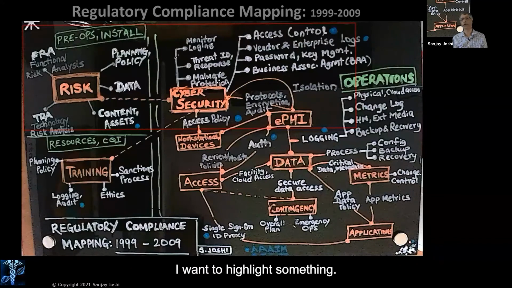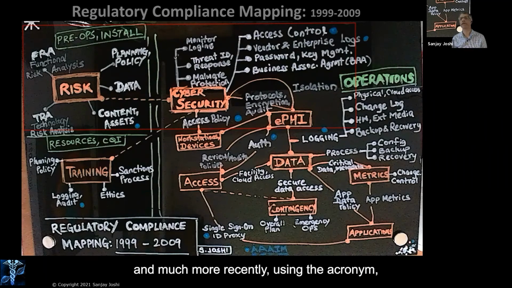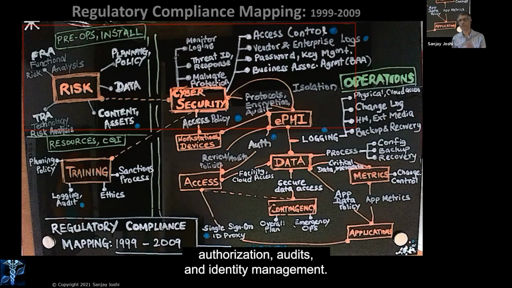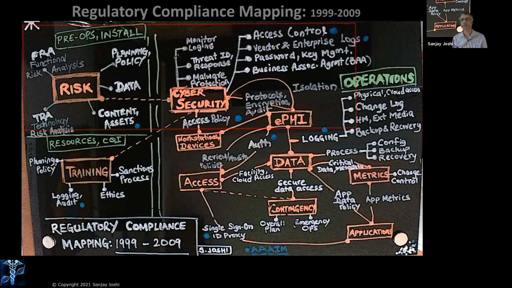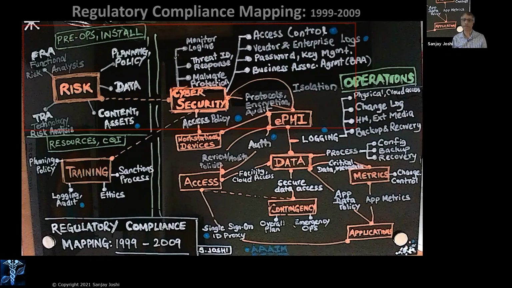Finally, I want to highlight something I used a lot in distributed systems risk assessment, and much more recently using the acronym AAAIM, access control, authorization, audits, and identity management. These are the blue dots in the chart here.